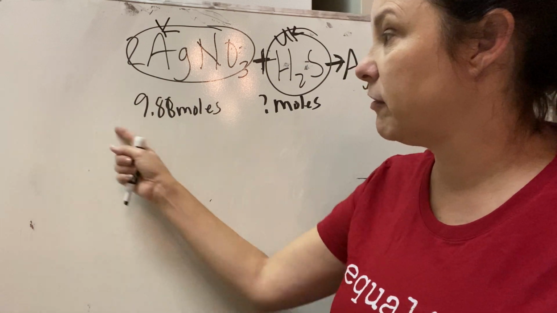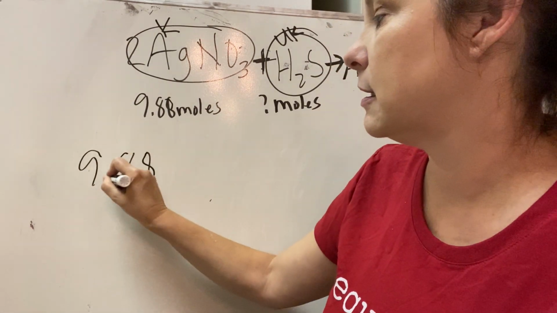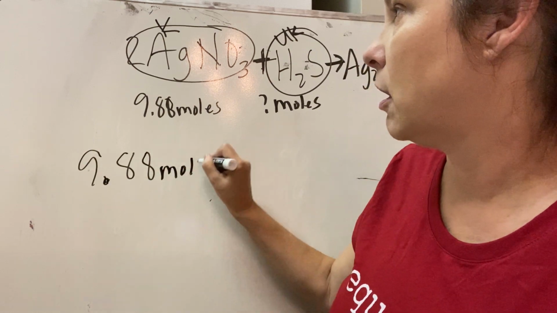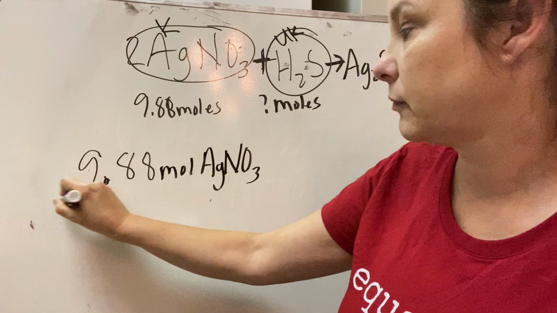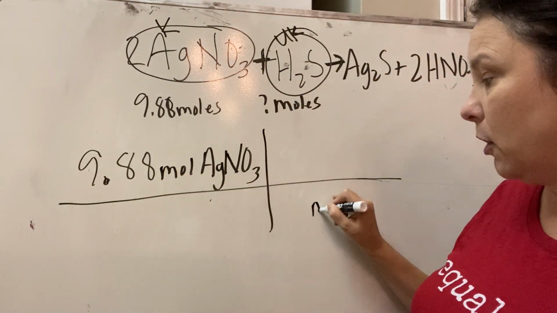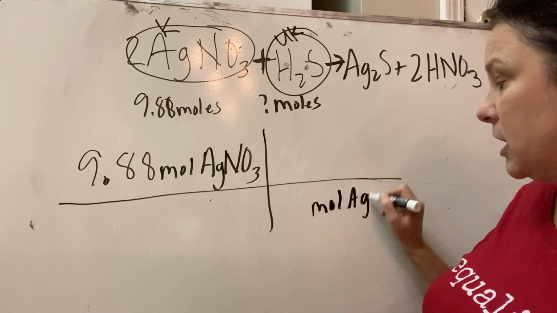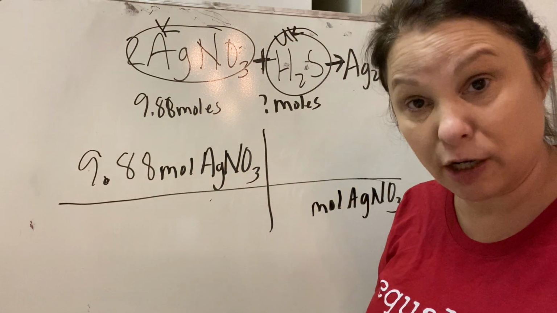I take whatever value they gave me, which was 9.88 moles of the AgNO3, and I chunka, drop. Again, I'm going to bring moles of the AgNO3 here. Okay, all of that is step 1.